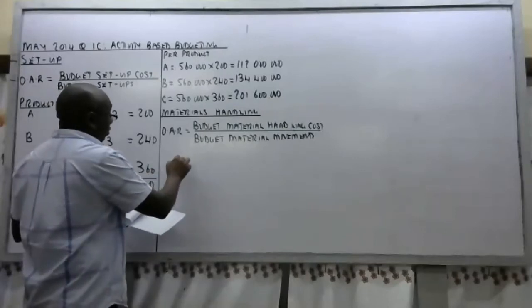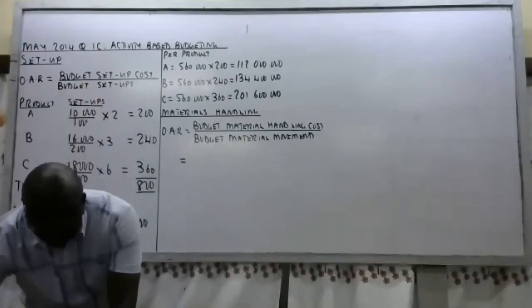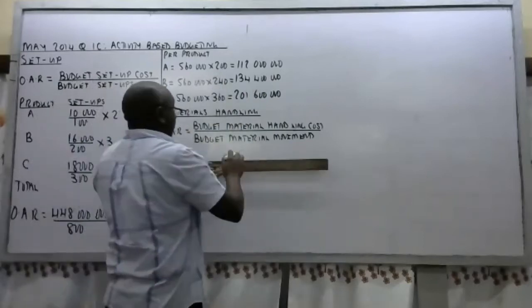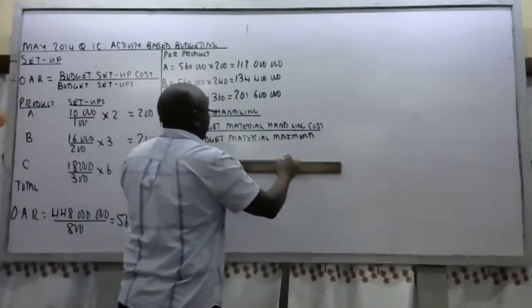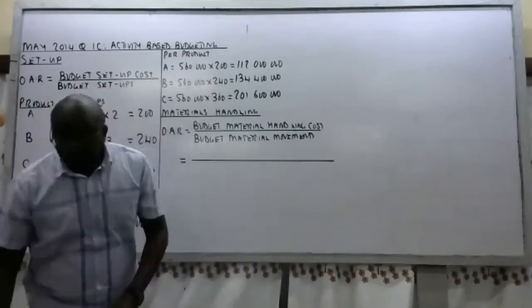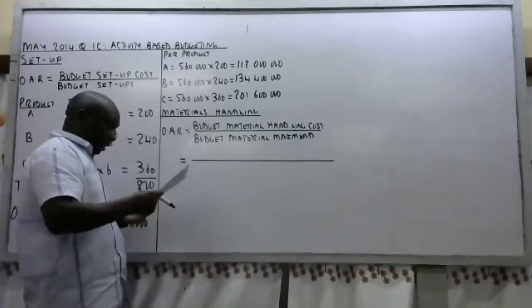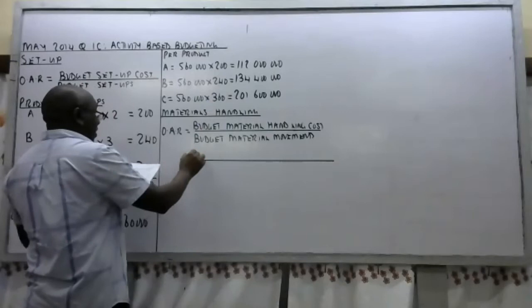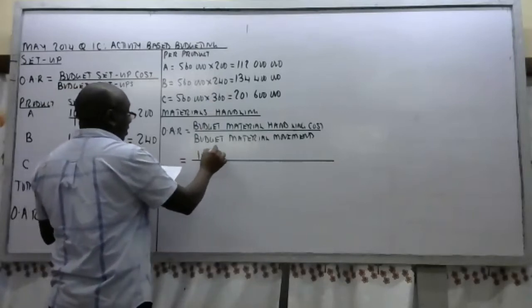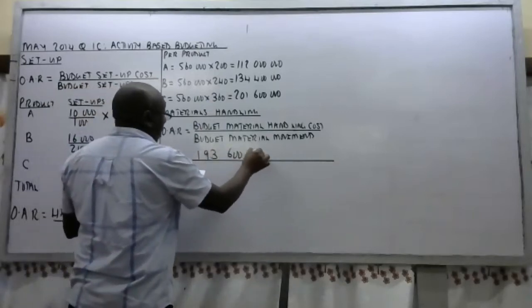So the material handling cost is given as 193,600,000.